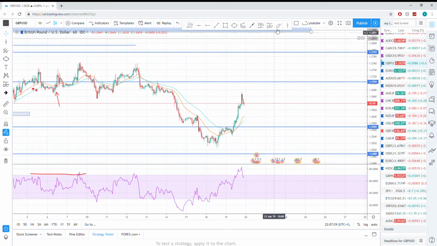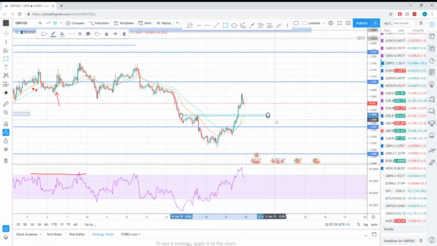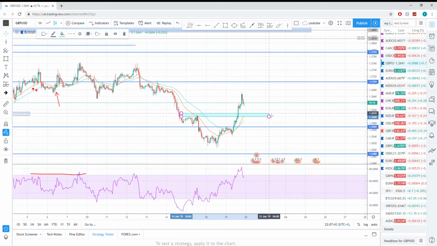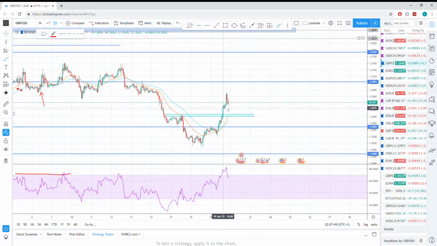So the perfect scenario would be if we could find possible entries. Currently looking at the hourly for an entry point, something like that would be the ideal scenario.